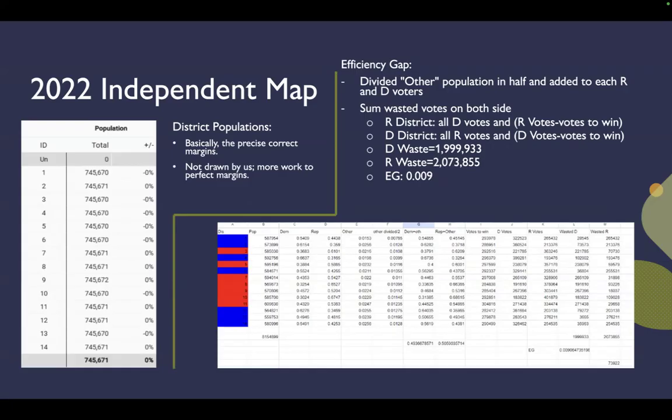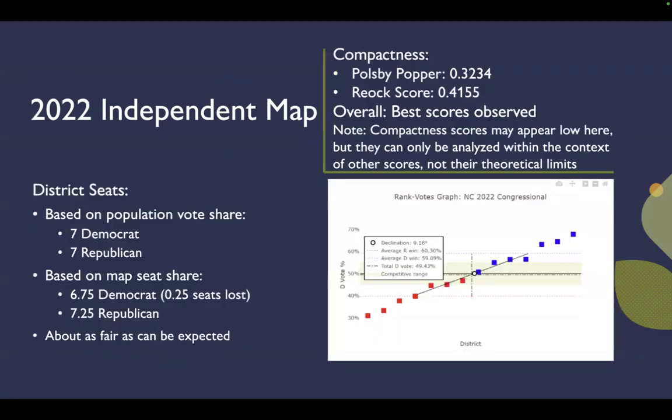And the result for the efficiency gap was very low at 0.009. Moving on to the district seats, 7-7 out of the 14 districts, with 0.25 seats lost for Democrats. So it's very even, as expected, with close to 50% each of the voting population for Republican and Democrat.